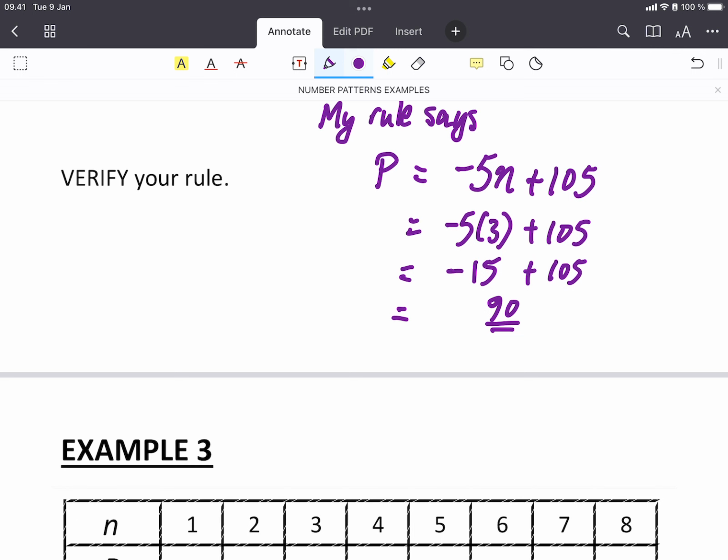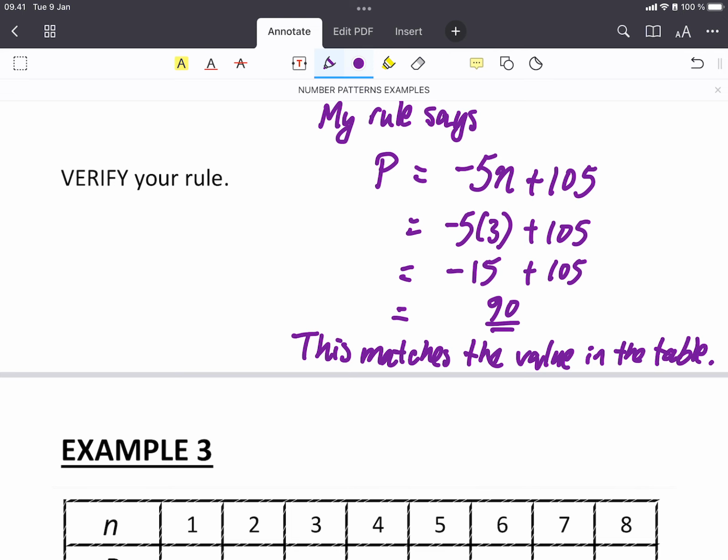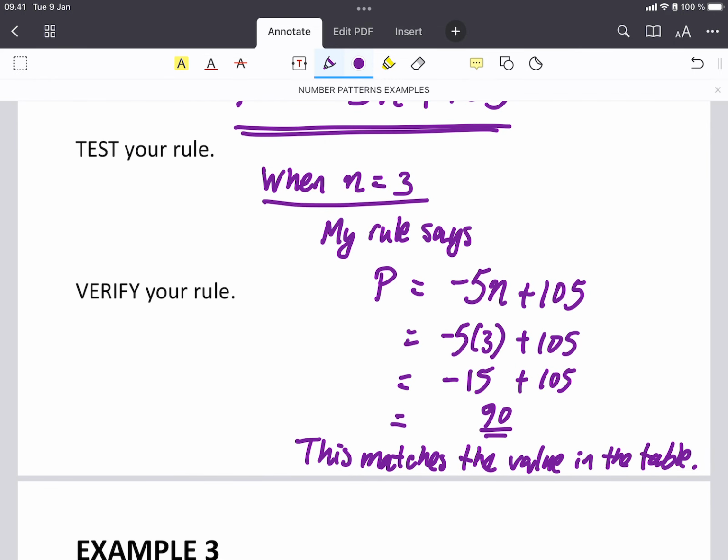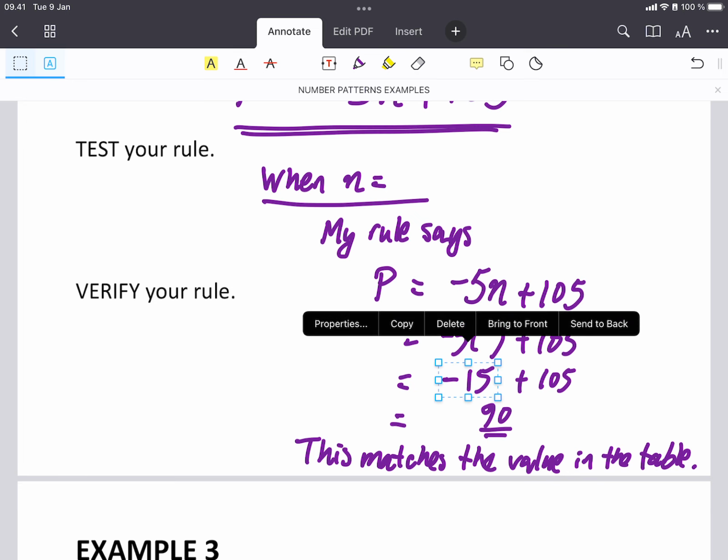So this matches the value in the table. So I'll do one for n equals 3. I'll do another one for n equals 4. Just get rid of the 3's and the bits that follow on from them.